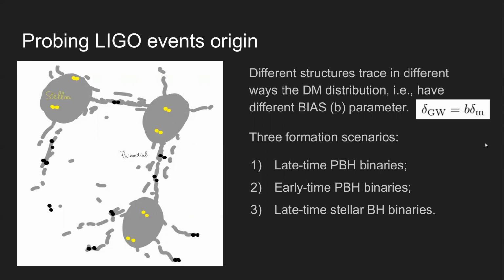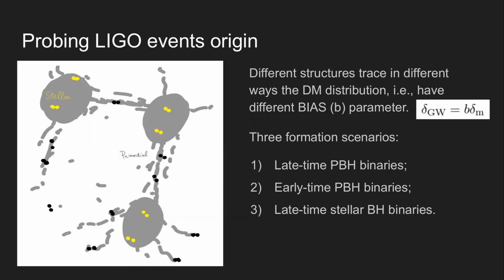What we typically write is that our overdensity in gravitational waves is given by our overdensity in the matter times the bias.